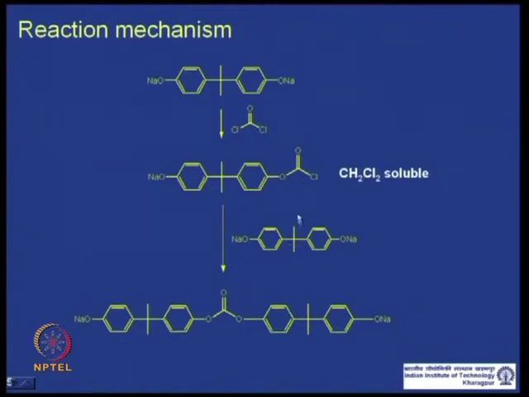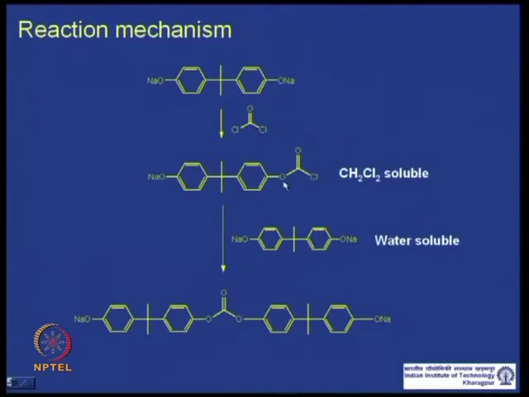To react with the bisphenol A phenolate ion to form a polycarbonate species, it has to migrate to the interface. This is currently in the organic phase and this is in the aqueous phase, so the chances of these two species reacting is low.